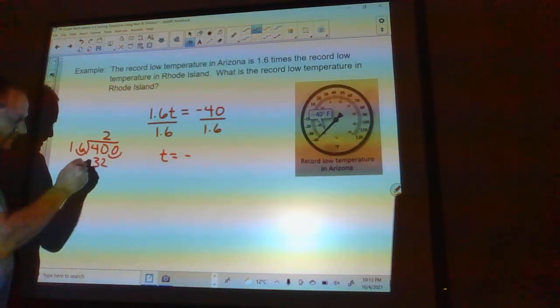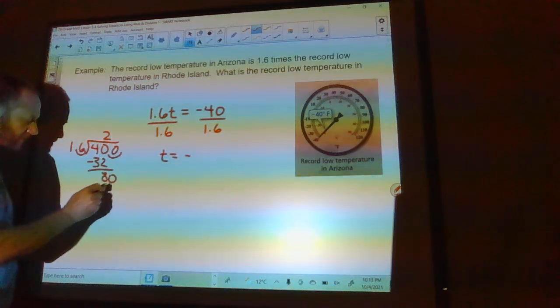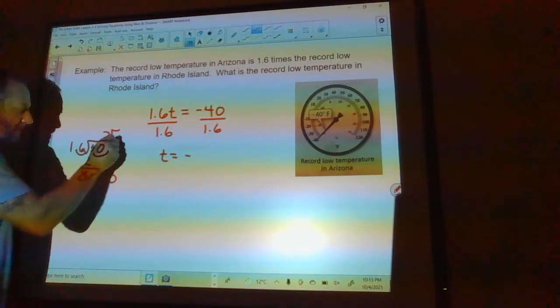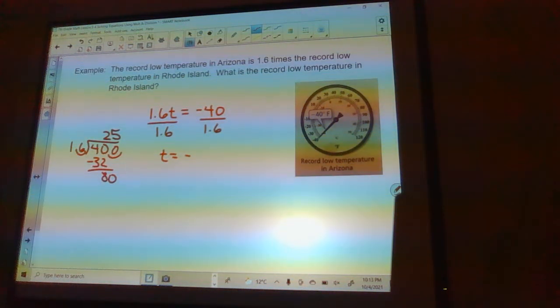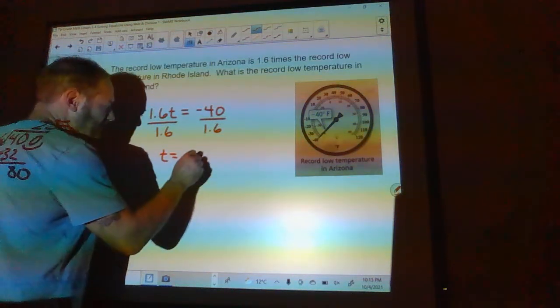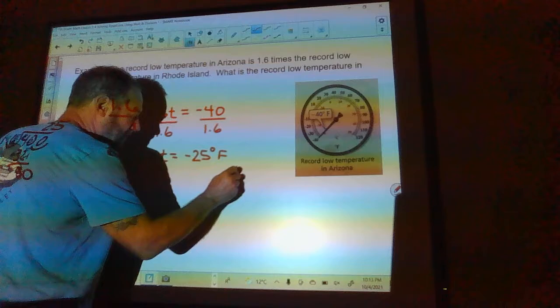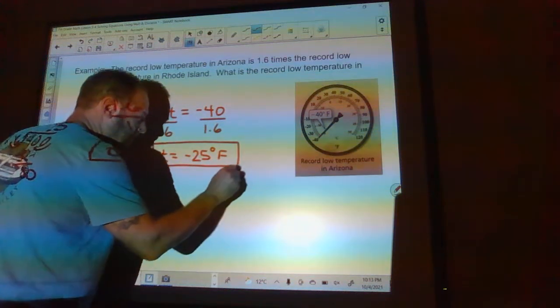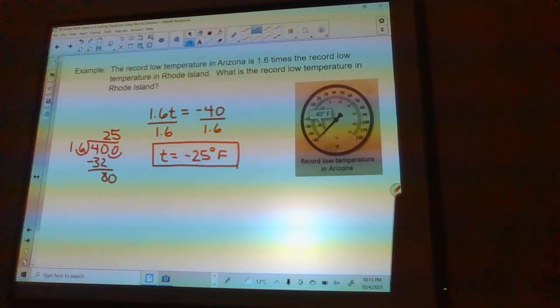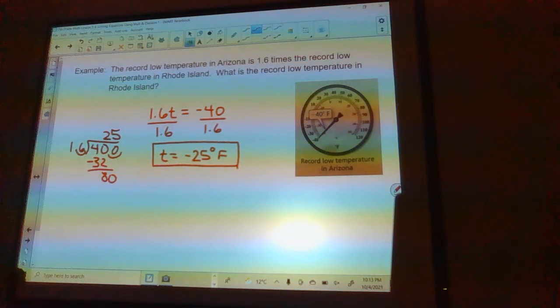That's 32. Subtract, that leaves 8. Drop the 0. 16 will go in there 5 times. And so that ends up being negative 25 degrees Fahrenheit. And there you have it. That's the record low in Rhode Island.